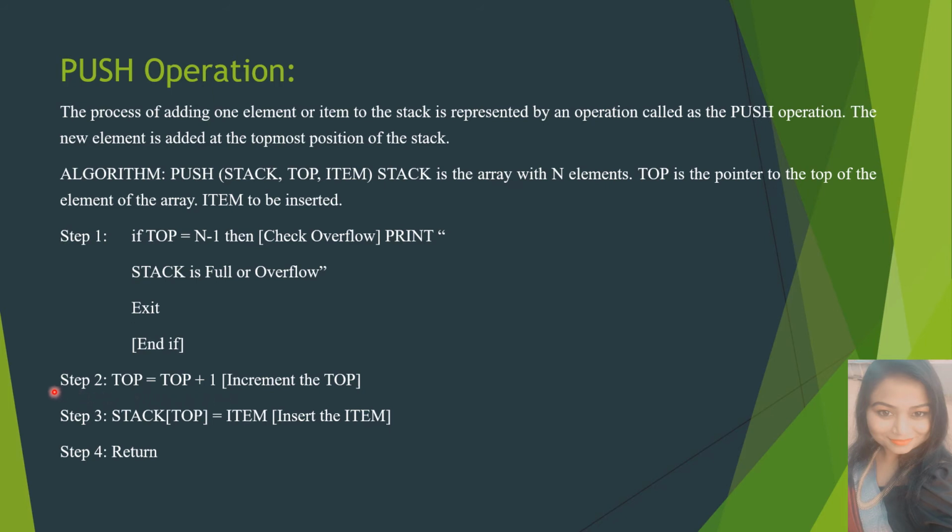After incrementing the top, we have to insert the new item into the stack, so we write this step as stack of top equals item. Here the new item is inserted into the stack at the top pointer position. Then step 4 is return. So these are all the steps for writing the push operation.